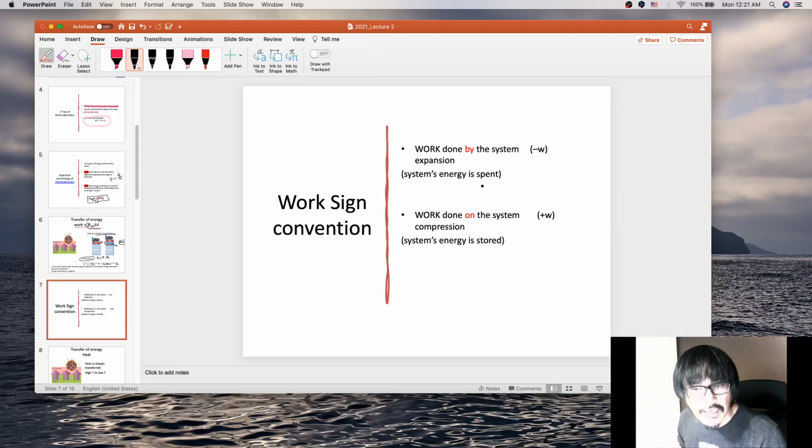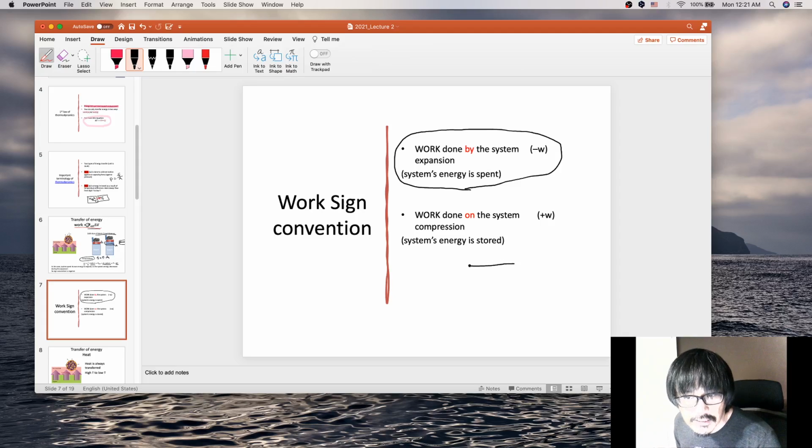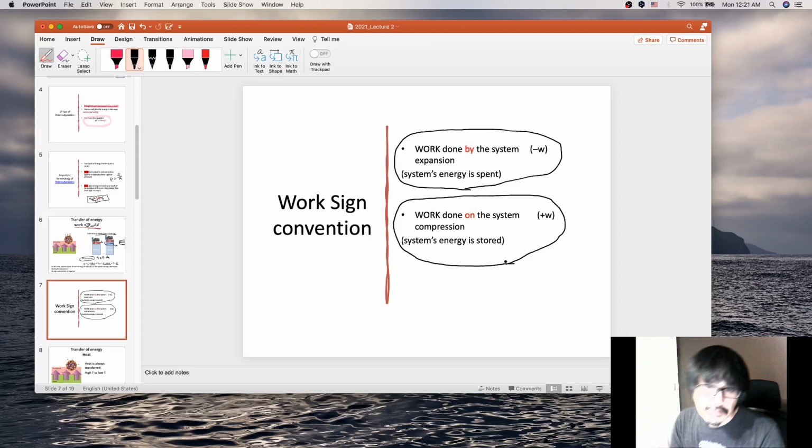So anytime that you're dealing with expansion, the sign convention is going to be negative. And anytime that the system is compressed, the sign associated with the work is going to be positive.